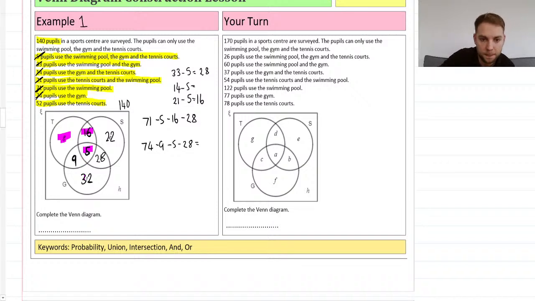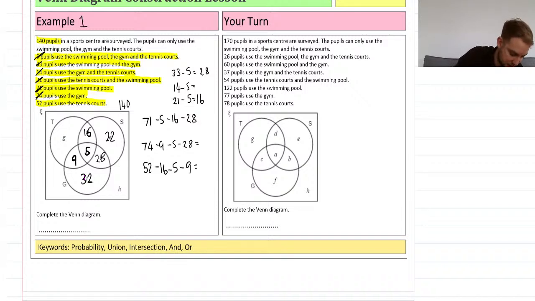So 52 minus 16 minus 5 minus 9 is equal to 22 left over in that part.